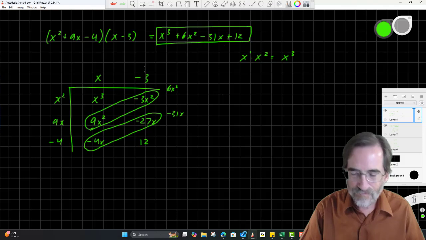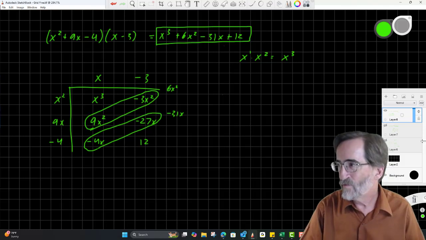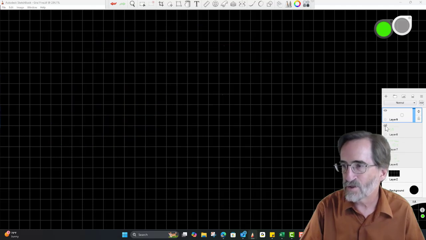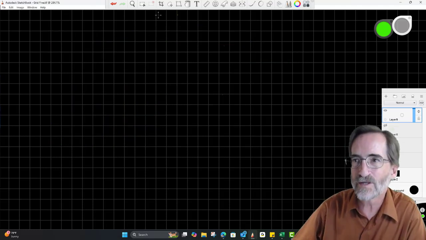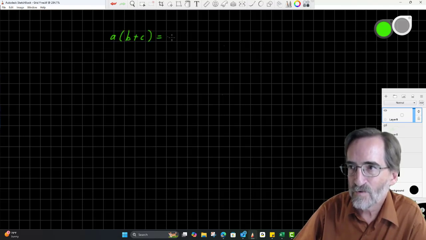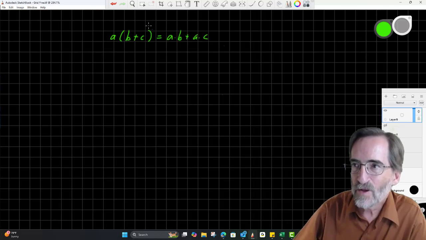All right. Now, by the way, when we combine like terms, we are actually using the distributive property. Remember how I said the distributive property is a times (b plus c) equals a times b plus a times c, that applies backwards too. I can pull an a out of both of these and put it in front instead of distributing.